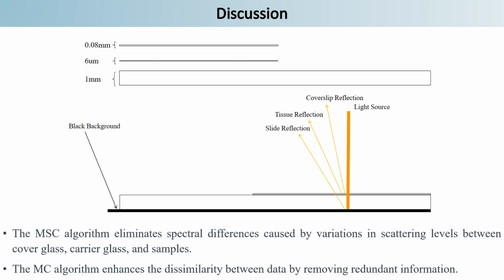The discussion unveiled that within the optimal model, the MSC algorithm eradicates the spectral variations originating from different scattering levels among slides, cover slips, and samples. Meanwhile, the MC algorithm accentuates data dissimilarity by eliminating extraneous information.